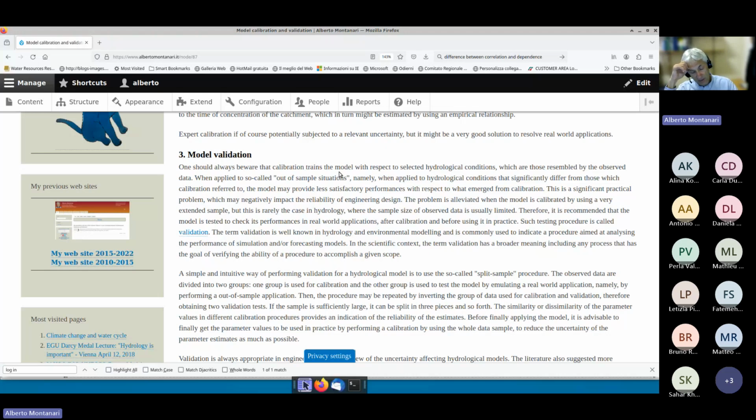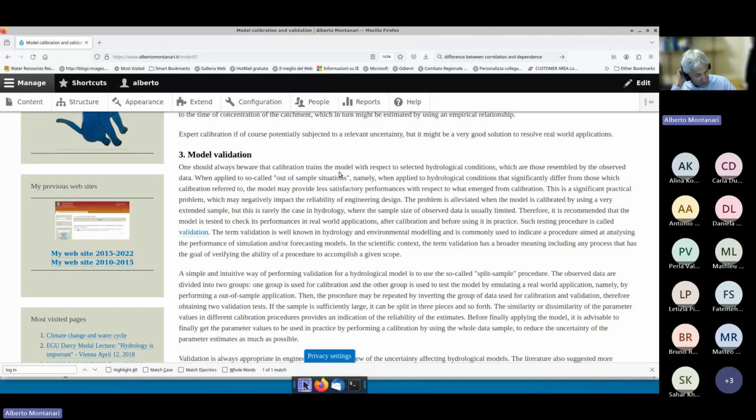I think it is meaningful because it gives the idea that you use the data to train the model. You use the information content of the data to provide to the model the information that the model needs. As a result, the model is trained against the data that you used.